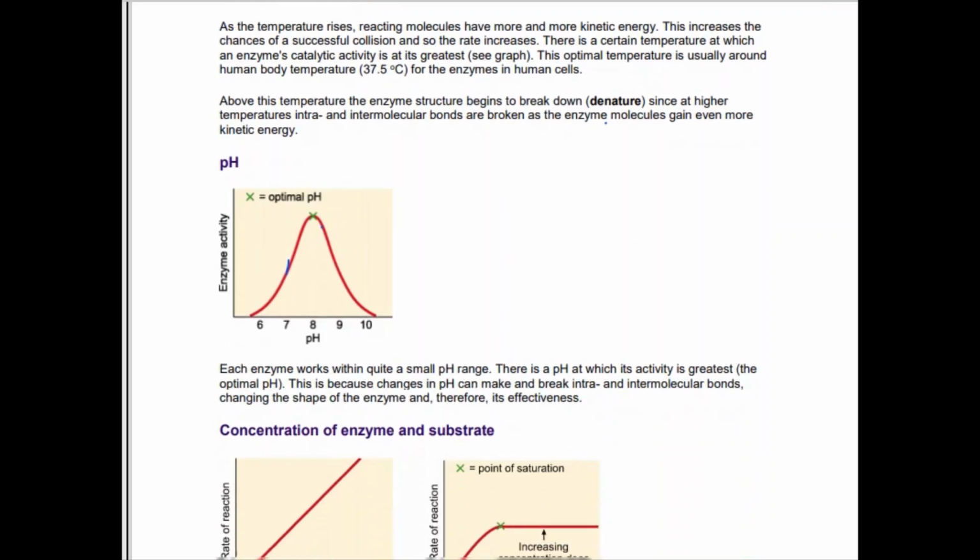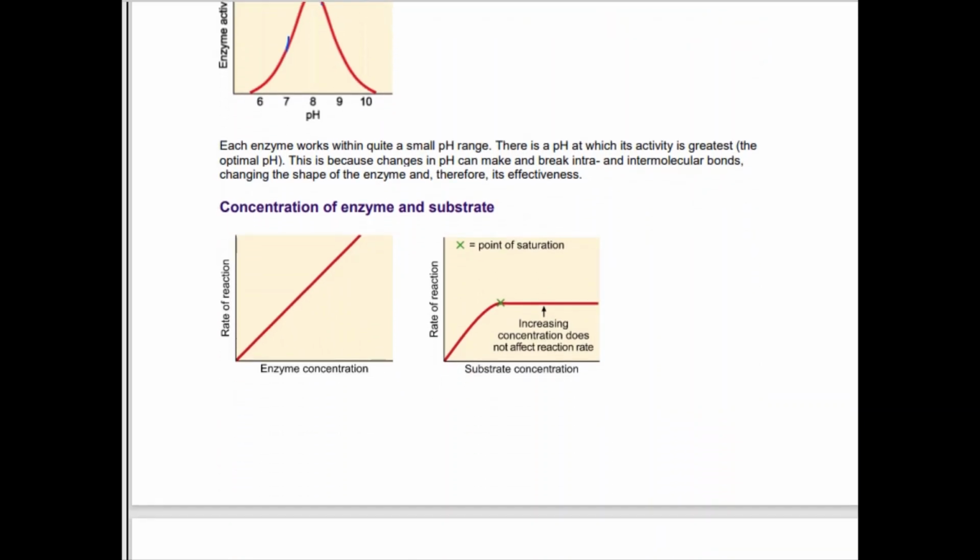Now let's look at how substrates and enzymes affect the rate of a reaction. This is the dependency of the rate of a reaction on enzyme concentration at fixed substrate concentration. So let's say we have enough substrates, then we increase the enzyme. As we add more enzymes, we bring in more active sites.